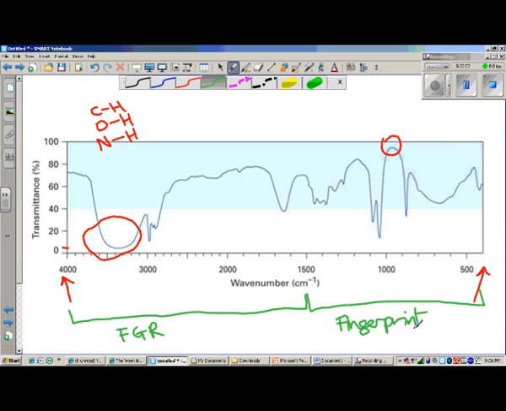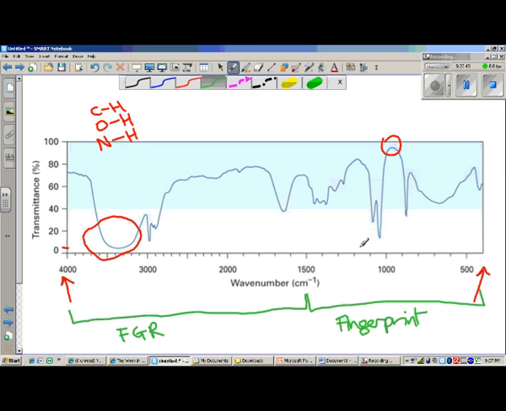Now, the reason this is called the fingerprint region is that every single molecule out of all the hundreds and thousands of molecules that are known has a different and distinct infrared characteristic fingerprint region. Does that mean you have to recognize every peak in the whole region? No, of course it doesn't. Hence why we're going to concentrate on the functional group region. However, there are certain peaks it's useful to know something about around the fingerprint region, usually those 1,500 to 1,000 wave numbers.